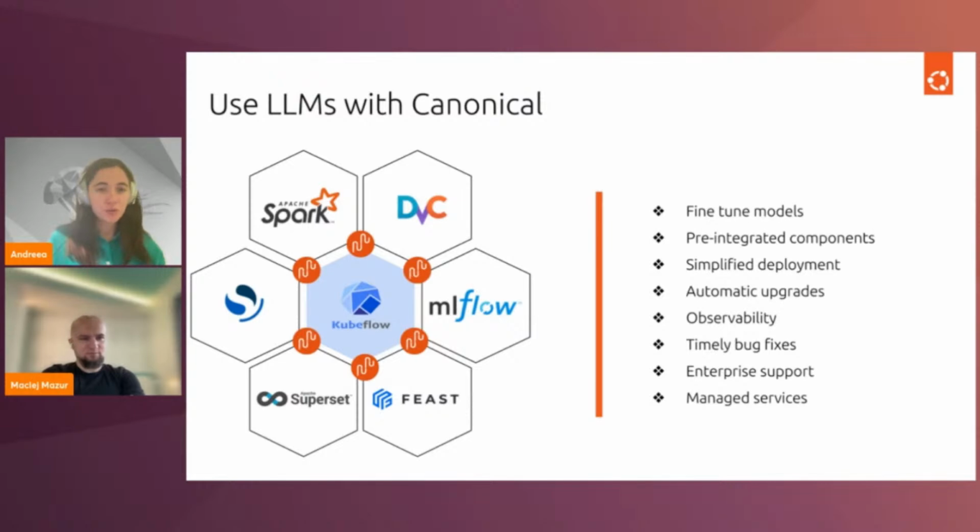We have our own distributions, Charmed Kubeflow, Charmed MLflow, and Charmed Spark, and they benefit from security updates, which are very important and one of the big concerns that organizations have, but they also get enterprise support or optionally managed services. Timely fixes and capabilities such as observability or simplified upgrades are also part of the features that we have and could help organizations get started with LLMs and then scale.